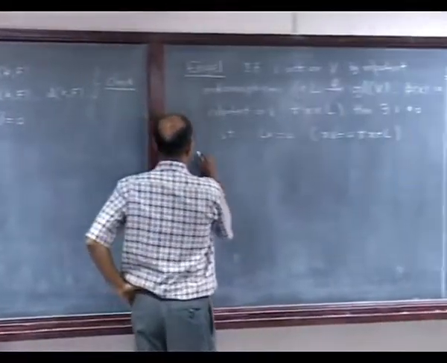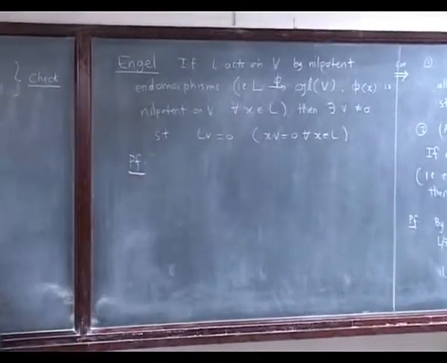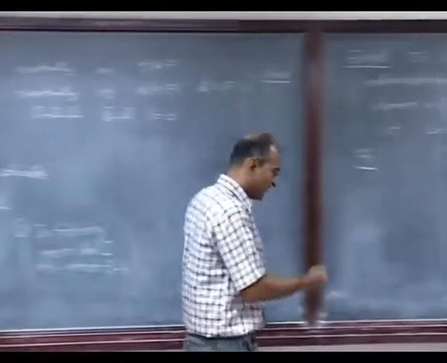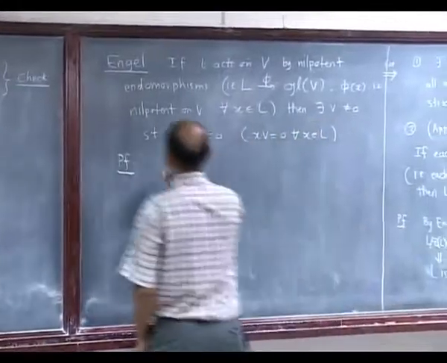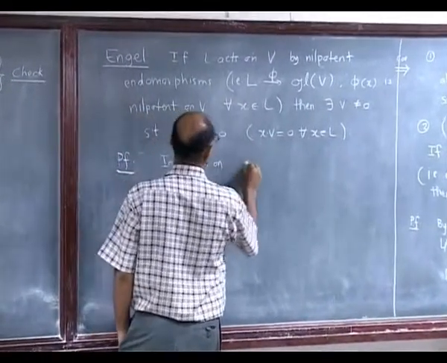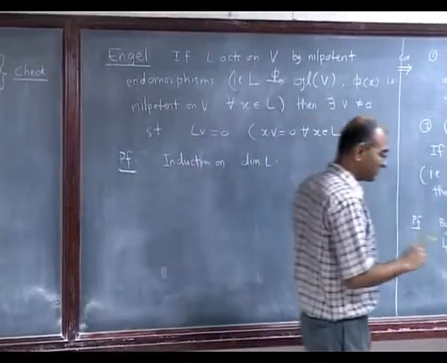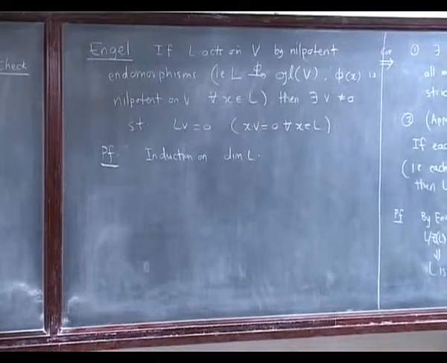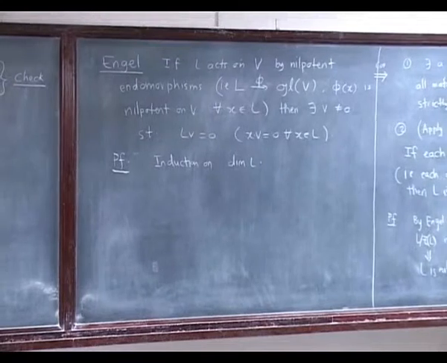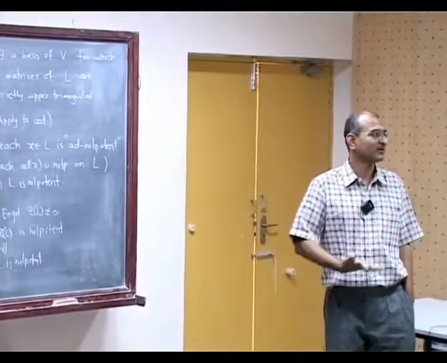So, let us prove this. And again I do induction, on the dimension of L. Since I am doing induction on dimension, for smaller dimension I am allowed to assume it.